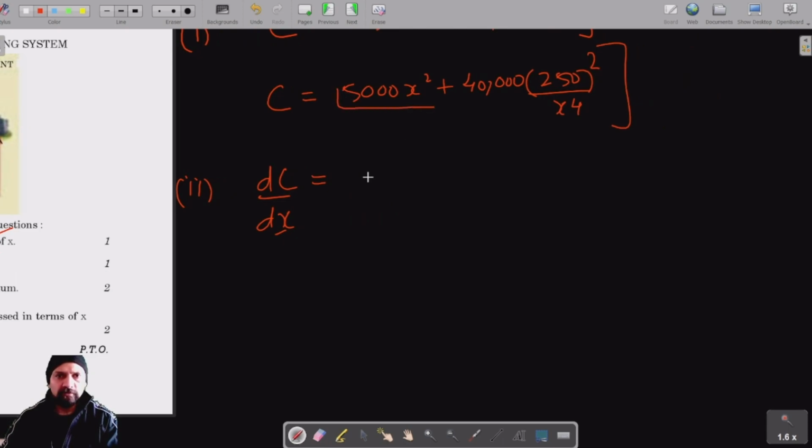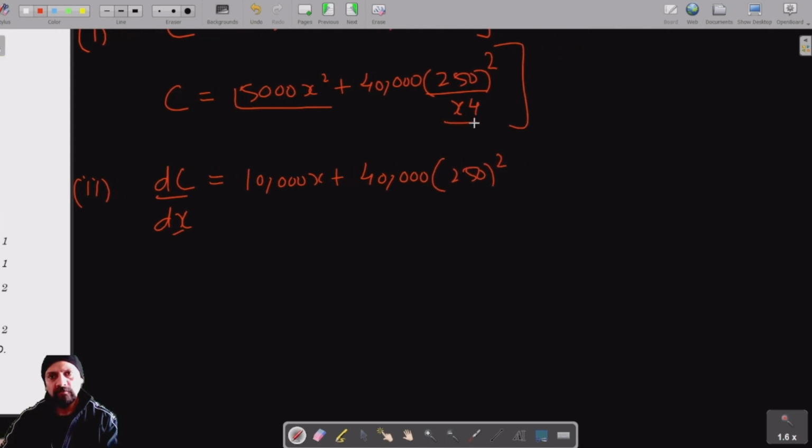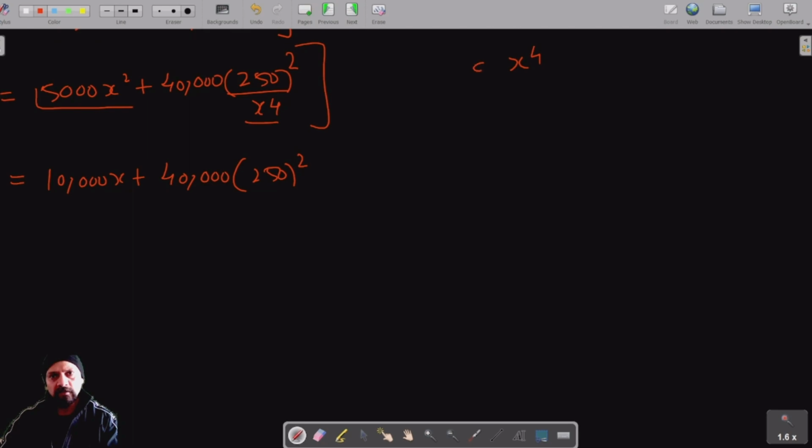So differentiating this with respect to x will give us 5000 into 2, that is 10,000x, plus this is 40,000 into 250 square. Now differentiation of x raised power 4 is minus 4 upon x raised power 5.